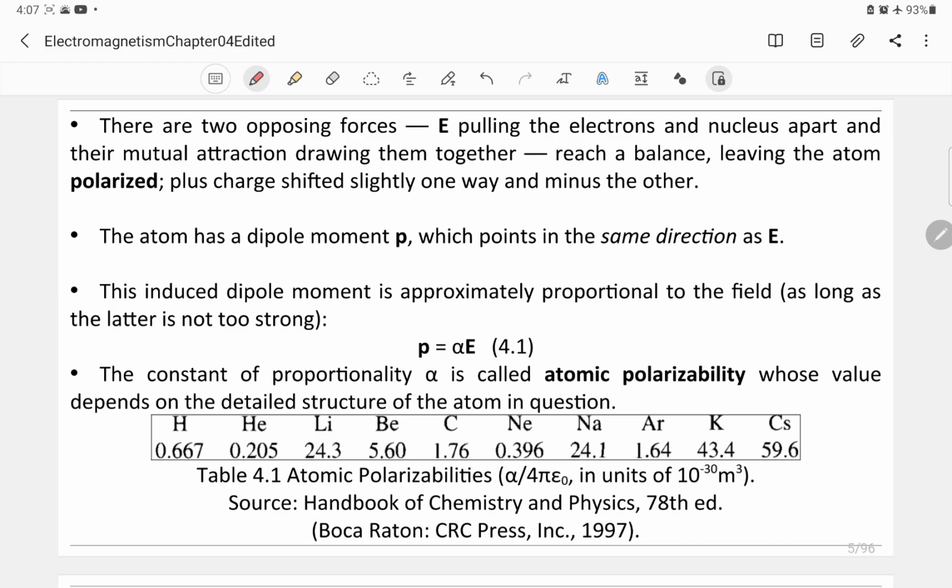So when you have an external electric field, there are two opposing forces within the atom: the electric field E pulling the electrons and nucleus apart, and their mutual attraction pulling them together. They reach a balance, so your atom balances the electric field outside. Because of this separation of the negative and positive charges, your atom is now polarized.